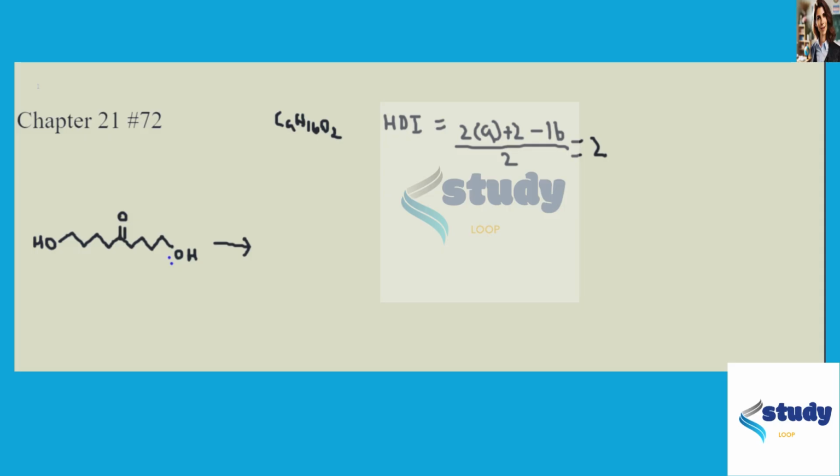And so in keeping with what we've learned in this chapter, I think what's going to happen is one of these alcohols is going to attack the carbonyl here, and so form a ring. So we're going to form a 6-membered ring.